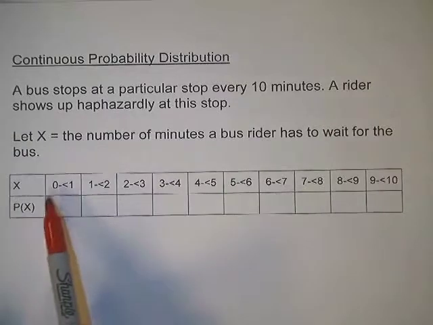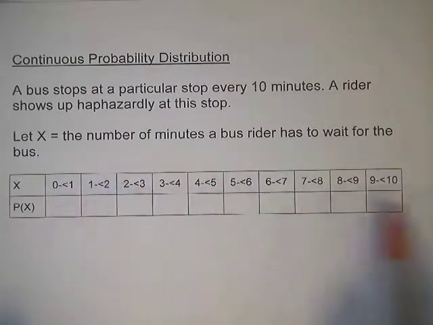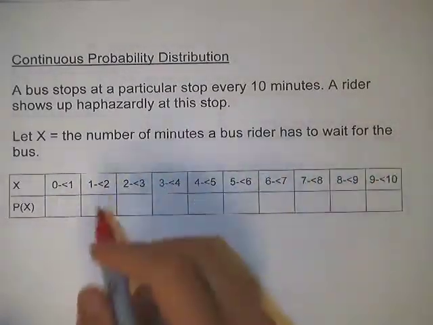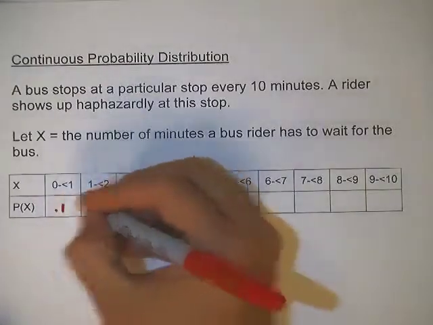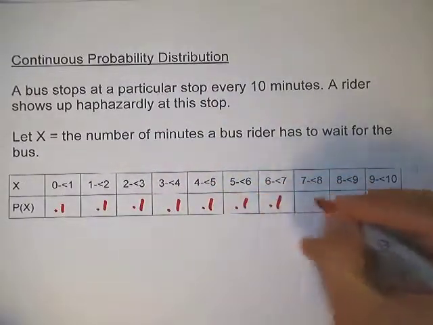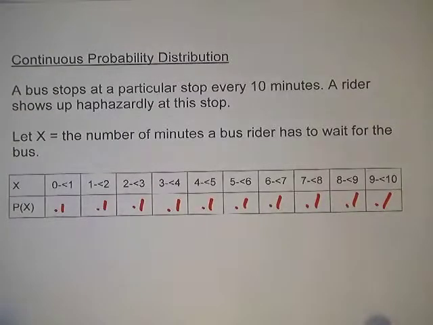If we look at this, I have this broken up into 10 different intervals, 0 to 1, 1 to 2, etc. Now if they're just showing up haphazardly at this stop, and there are 10 categories, we know a probability distribution has to add up to 1. So this is going to be a uniform distribution where all of these probabilities go up to 0.1.